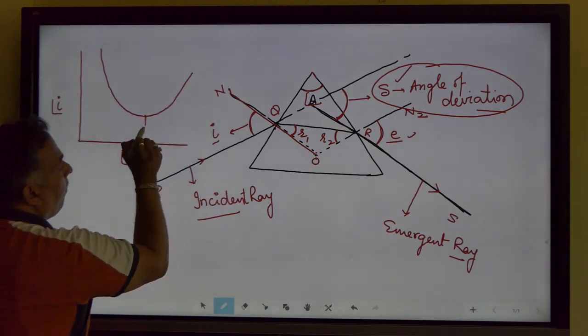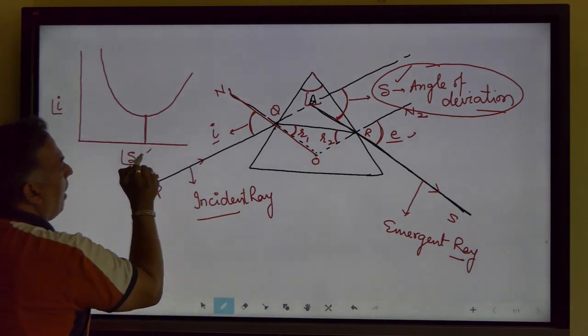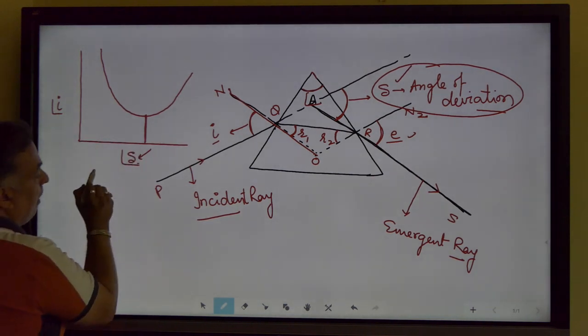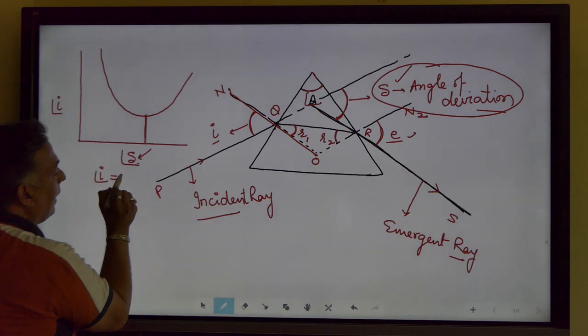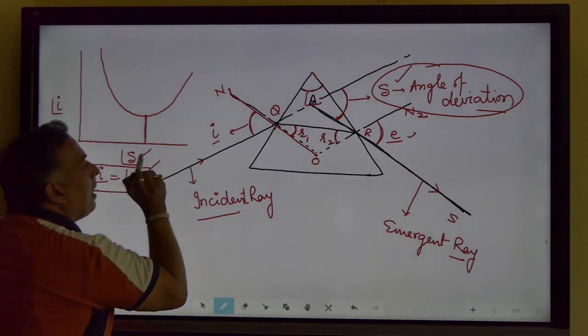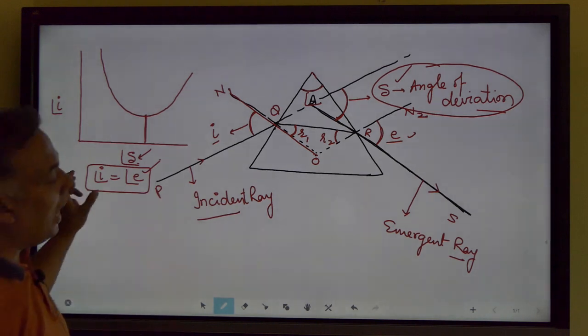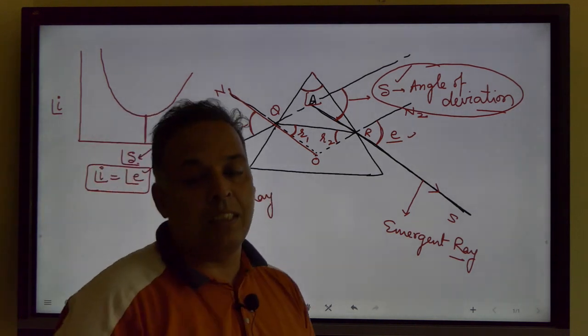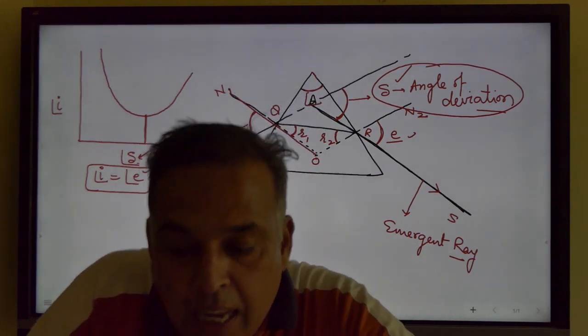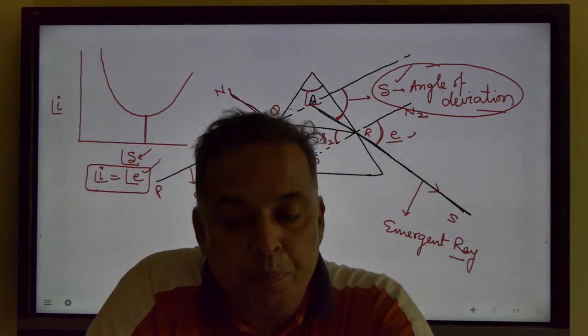At one angle of incidence, the angle of deviation becomes minimum. When the angle of deviation becomes minimum, that angle of incidence becomes equal to the angle of emergence. We have to describe this one, how this takes place and how this has to be done.